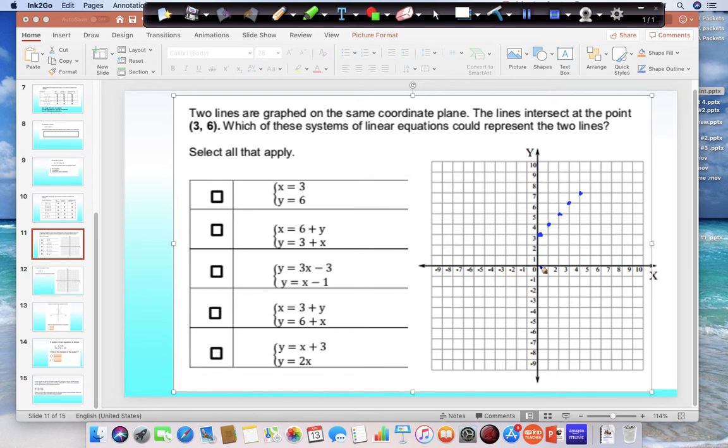So that does not have a y-intercept, so we are going to start at 0, and then we are going to go up 2 and over 1. Up 2 over 1. Up 2 over 1. So they do meet at this point, which is 3, 6. Okay, so that one is correct as well. So the first one and the last one for this problem.